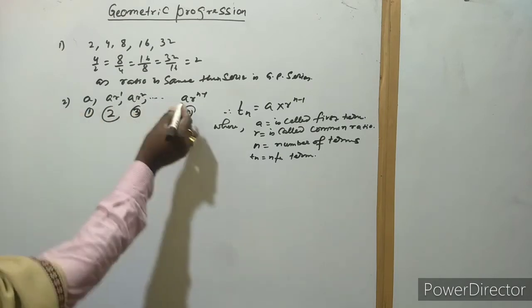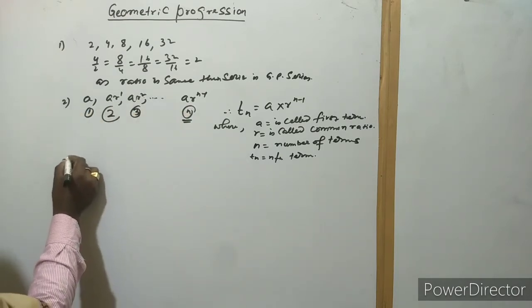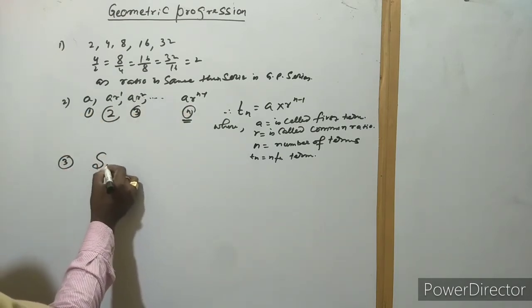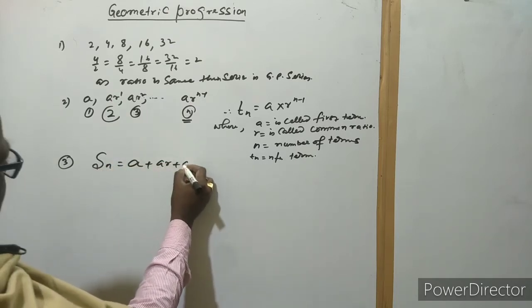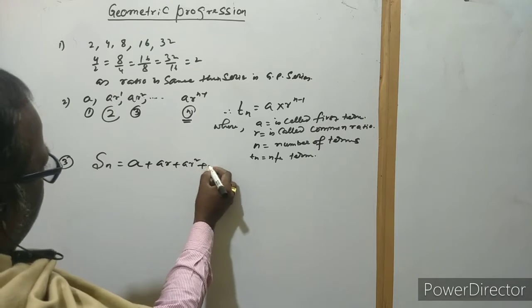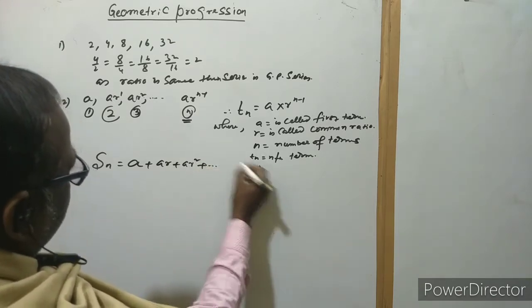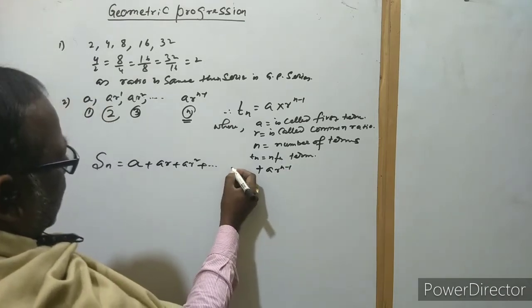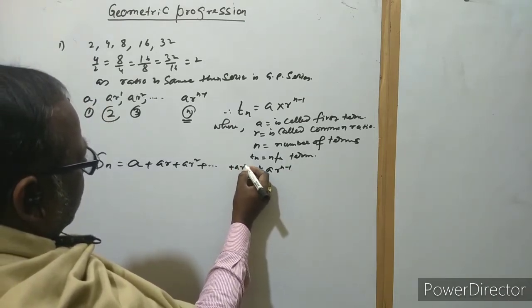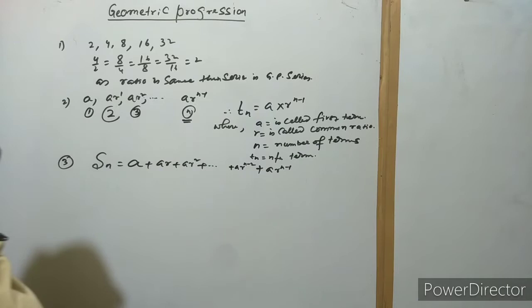Now we have to find the sum of the series. Let us assume this is Sn: a, ar, ar square, and this is the last term, a into r to the power n minus 1, and the previous term is a into r to the power n minus 2, like that.